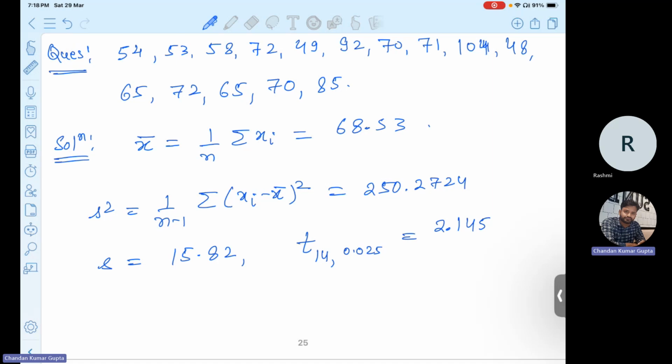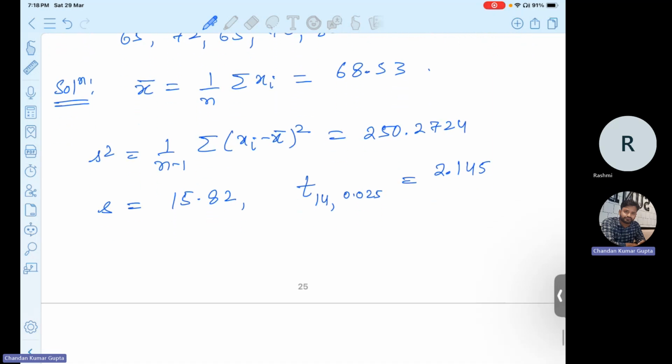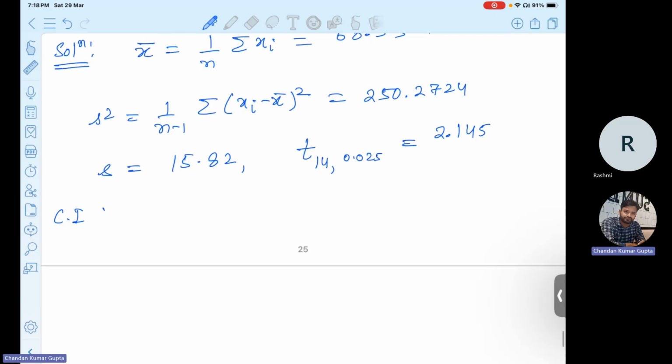Now our aim is to construct the confidence interval. Let me write the formula first: x bar minus plus t at 14, 0.025, times s by root n.